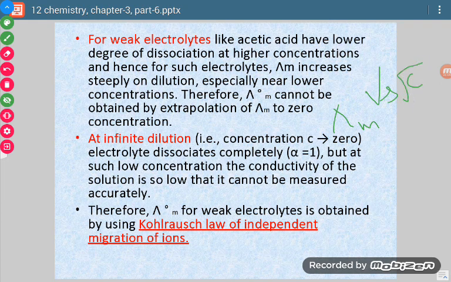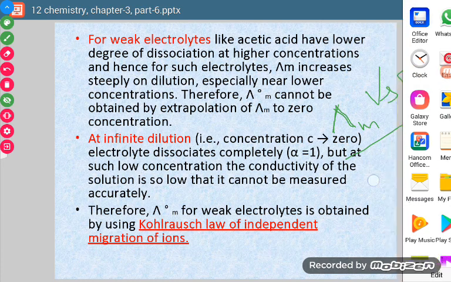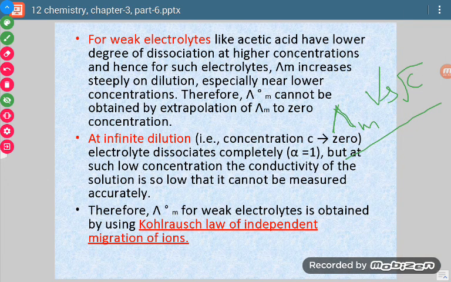under root c plot, then what happens? Then we can see that there is a curve. Now when there is a curve, even if we extrapolate, it will never touch the y-axis. When it will never touch the y-axis, we cannot find out the limiting molar conductance value.